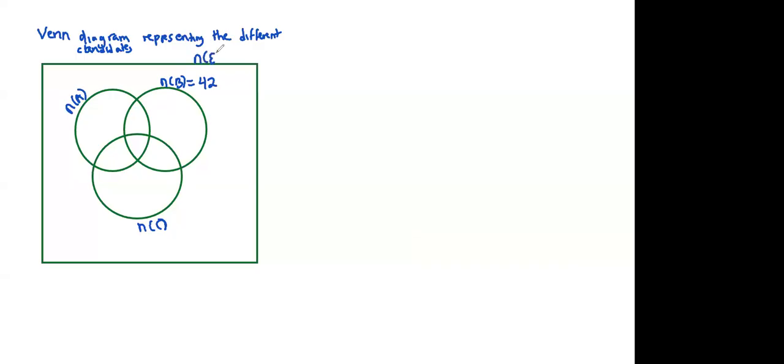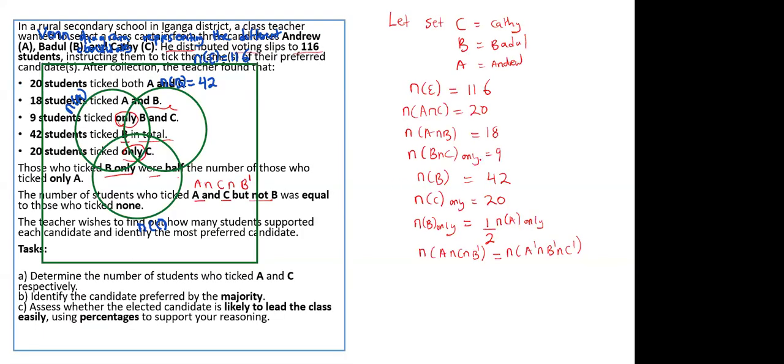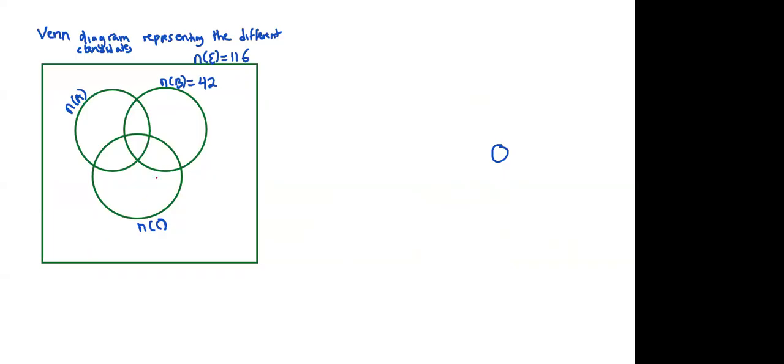Here the number is equal to 116. I don't know if the noise is affecting you in the background, but you can let me know. Then those of B and C only. The moment you find only, we don't subtract anything from our universal set. So here we shall write our 9.